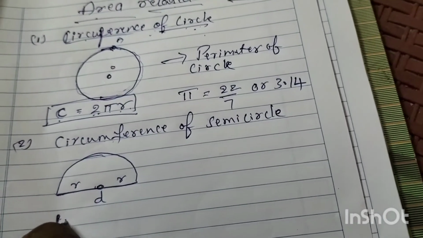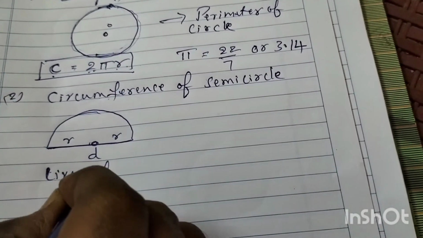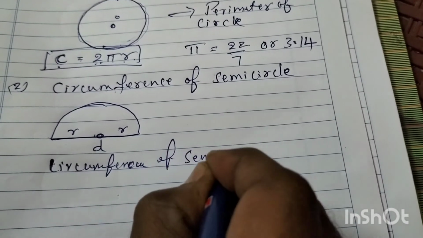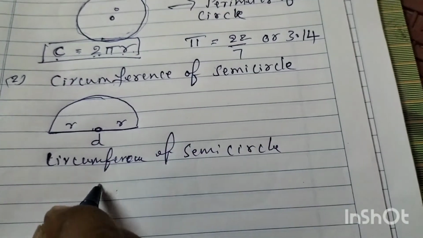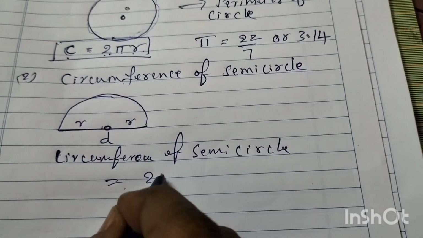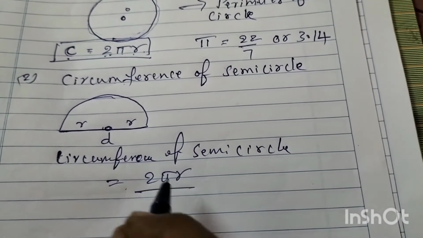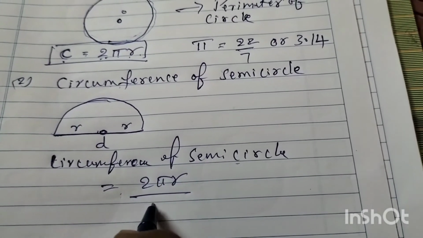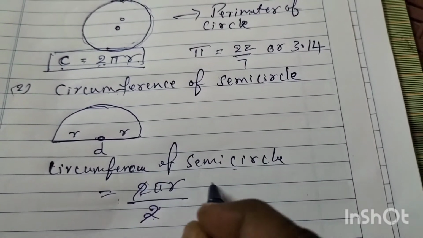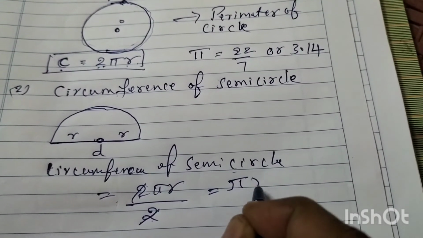Circumference of semicircle is equal to, what is the circumference of circle? 2 pi r. And circumference of semicircle is divided by 2. 2 pi r divided by 2, the 2 cancels, it is pi r.